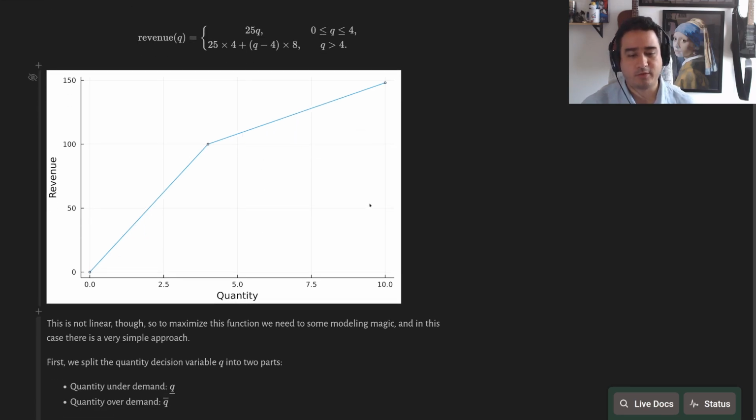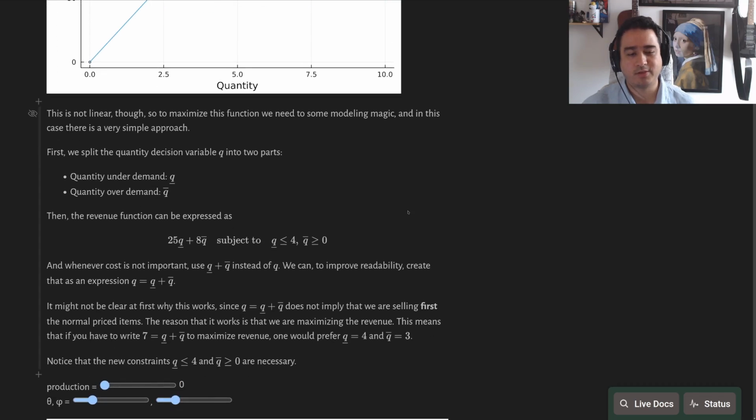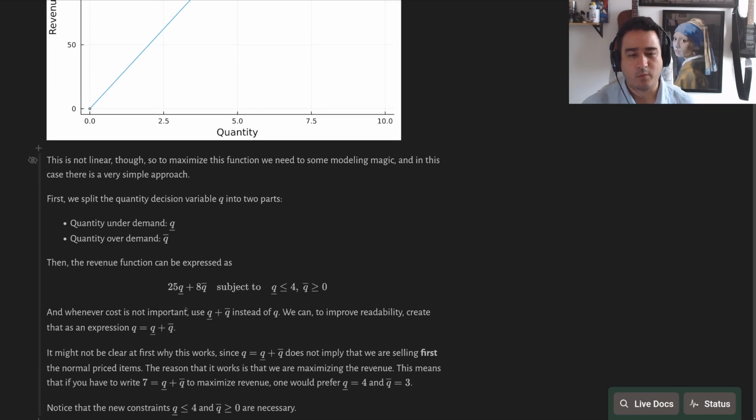The first part of the quantity will be the quantity under demand. I'm going to be using Q underline here for this example. And the quantity over demand, which is Q overline. So instead of writing that, we can write that the revenue is 25 times Q underline plus 8 times Q overline.